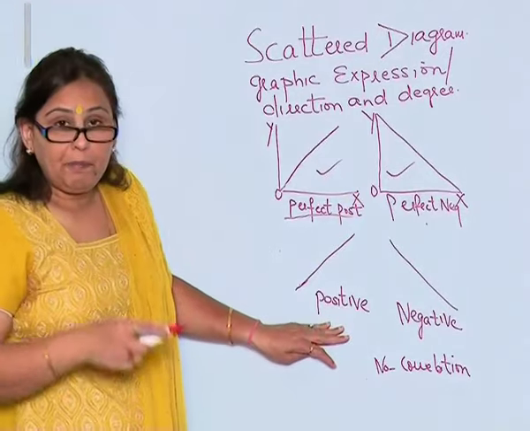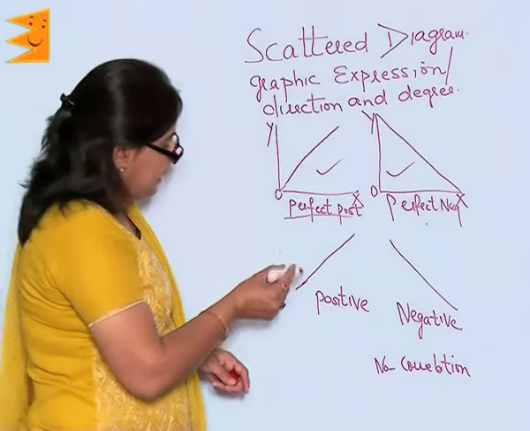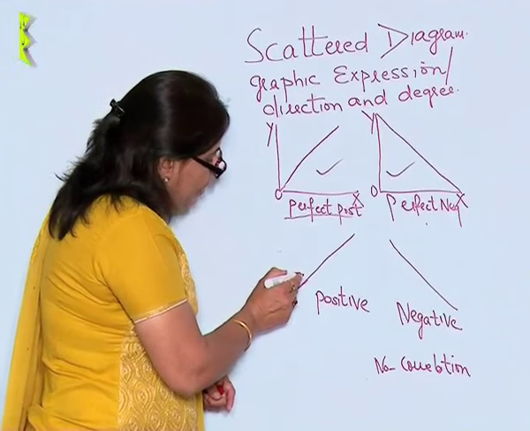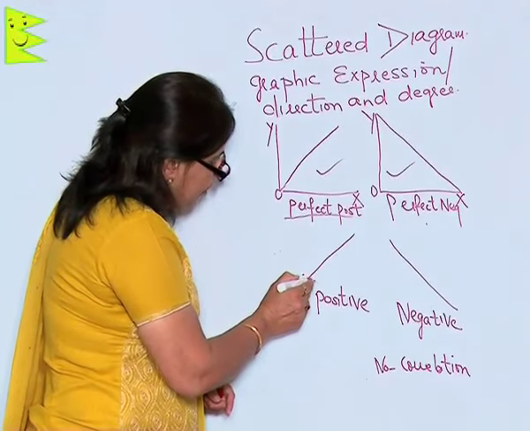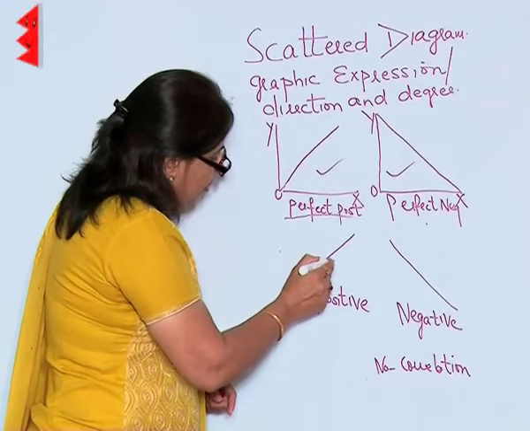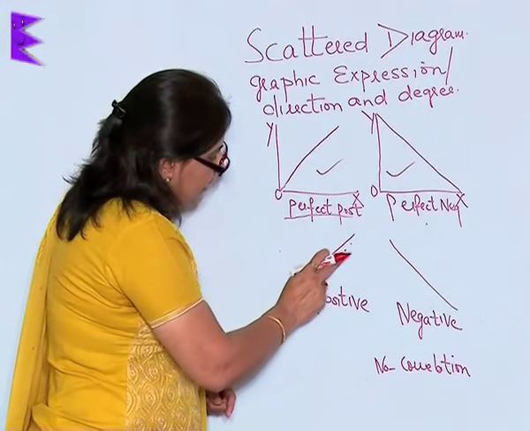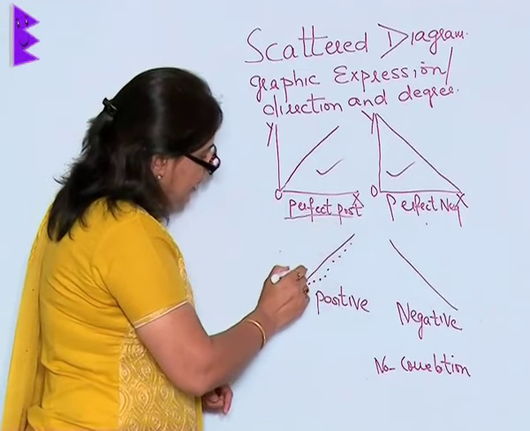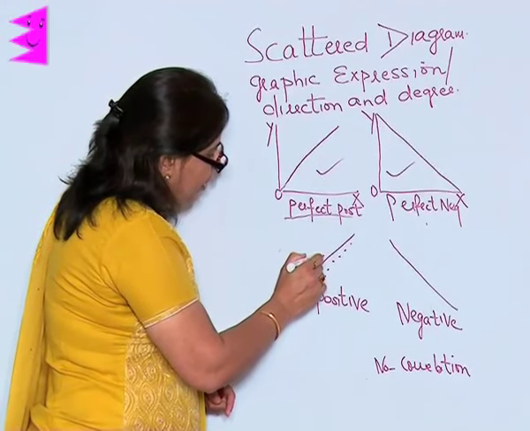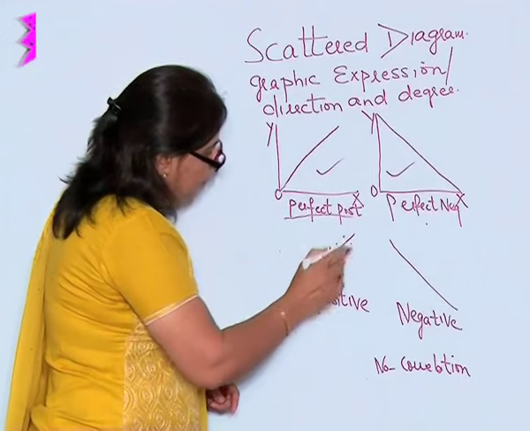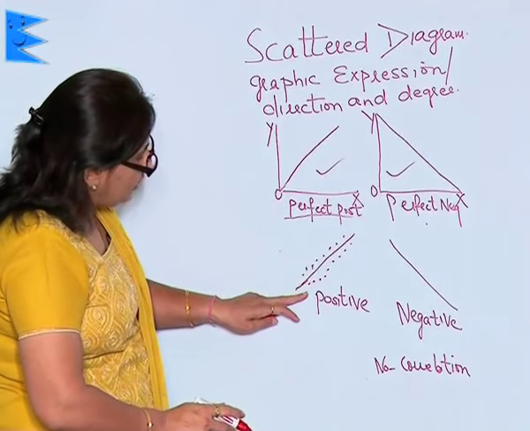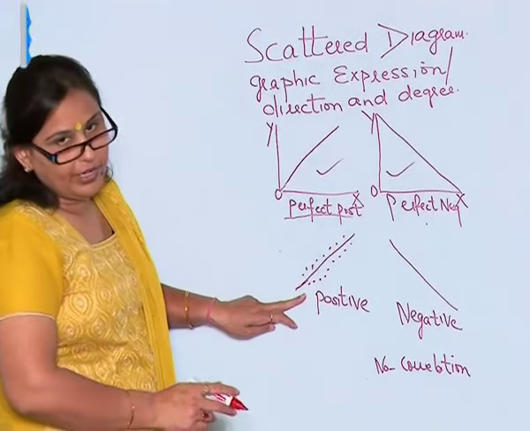But when I talk of the positive correlation, there are going to be equal dots on both sides. For example, if I put dots, say 1, 2, 3, 4, 5, 6, 7, 8 and 9 on this side, they are going to be equal on this side too. So this shows the positive correlation.